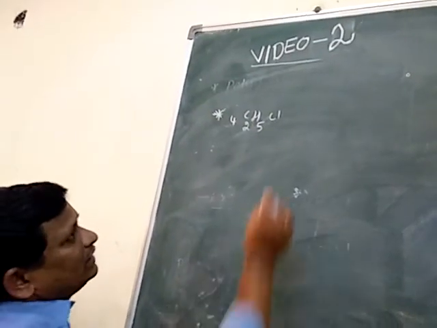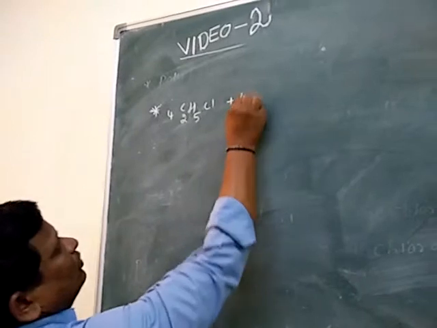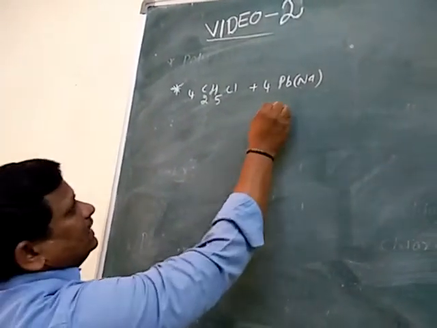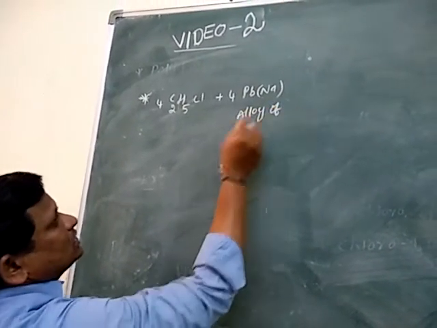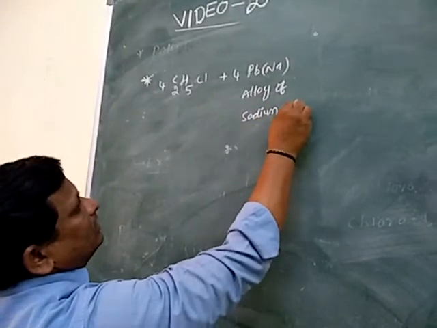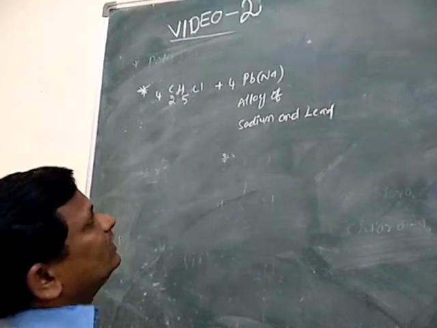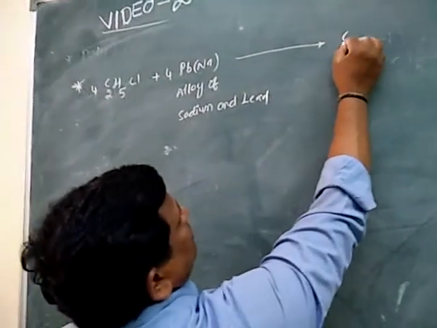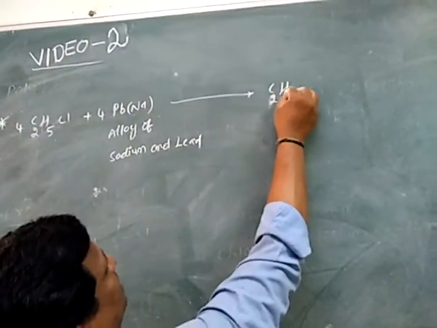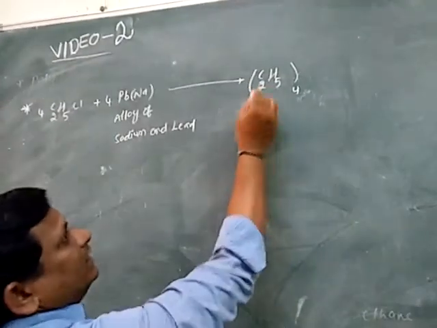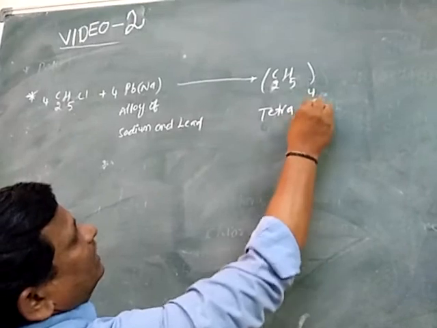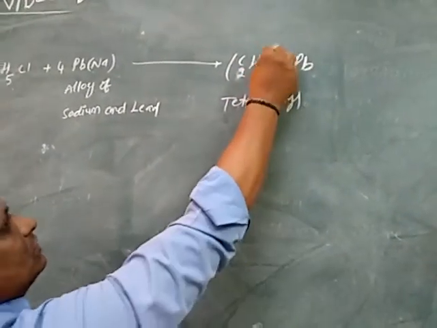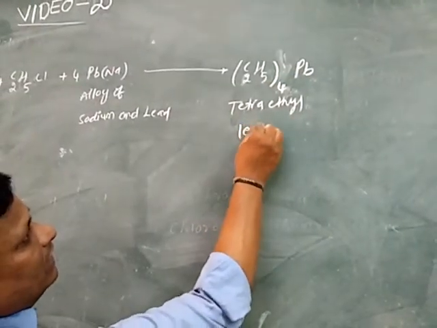If you take 4 moles of ethyl chloride treated with 4 moles of an alloy of lead and sodium, it gives a compound with 4 ethyl groups, C2H5 taken 4 times with Pb: tetraethyl lead.